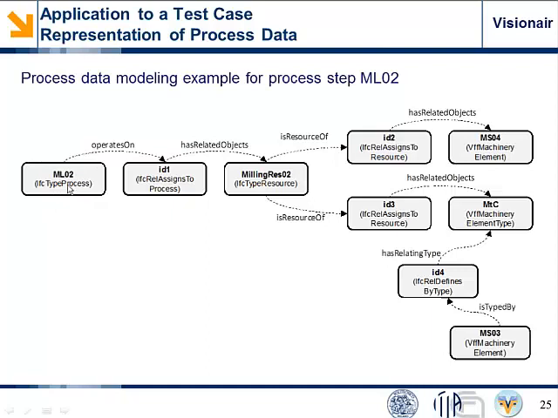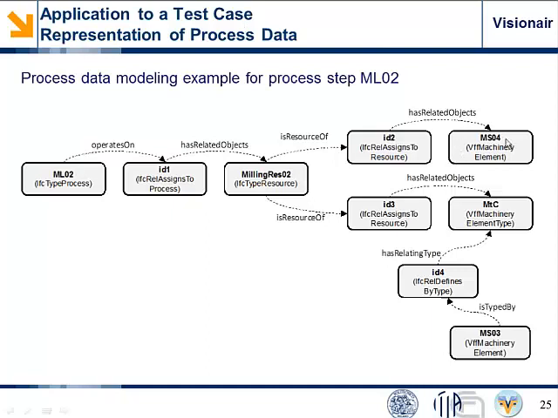This is a type of process, a general kind of milling operation that needs the capability of a resource type called milling resource 02. So this is the definition of the process step, while on the right part of the slide I have the way I can assign, saying that a specific resource in the system can provide that kind of service.